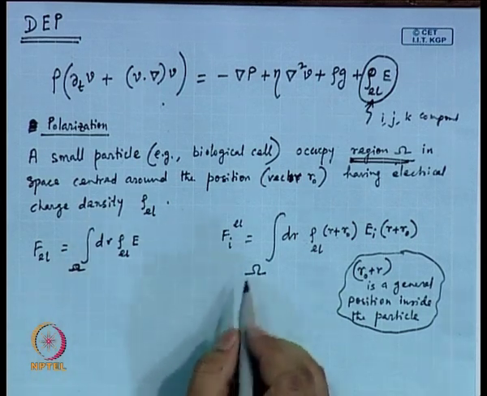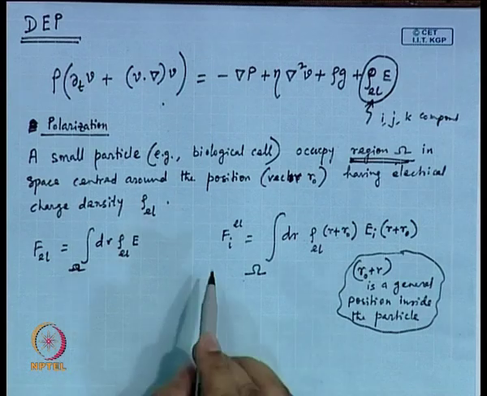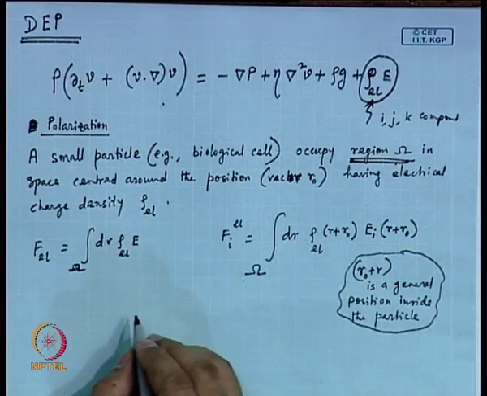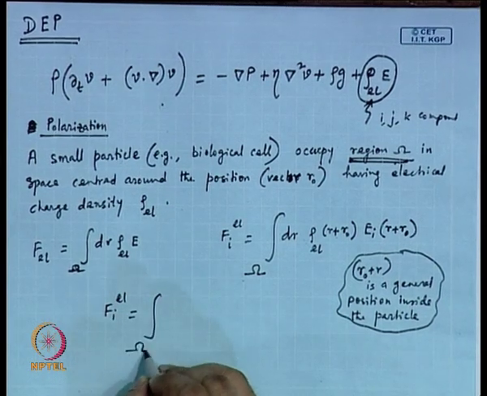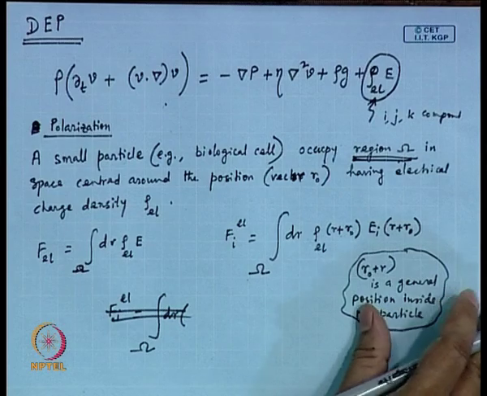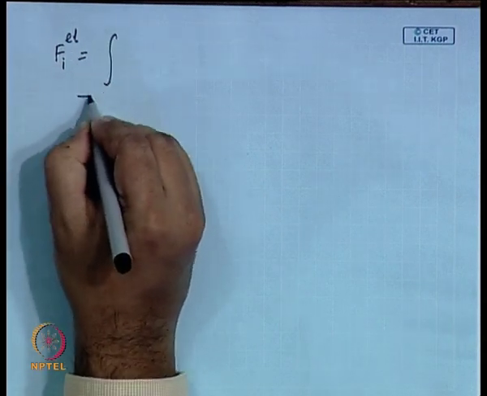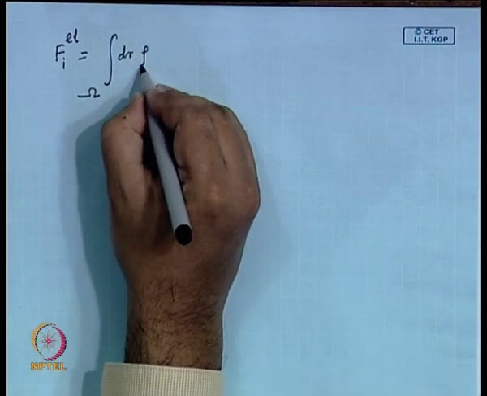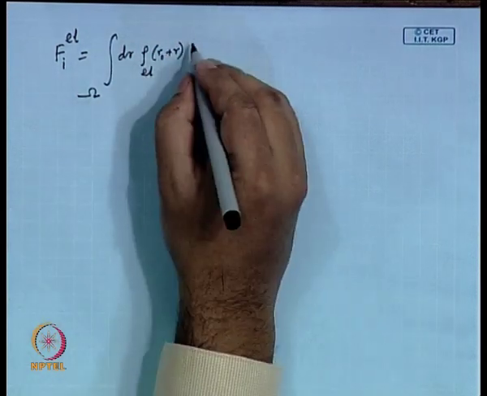Now, if we go for a Taylor series expansion and ignore the higher order terms, then F I EL would be equal to, this part remains the same. Let me use another slide, sorry. The Taylor series expansion will give this part remains unchanged.